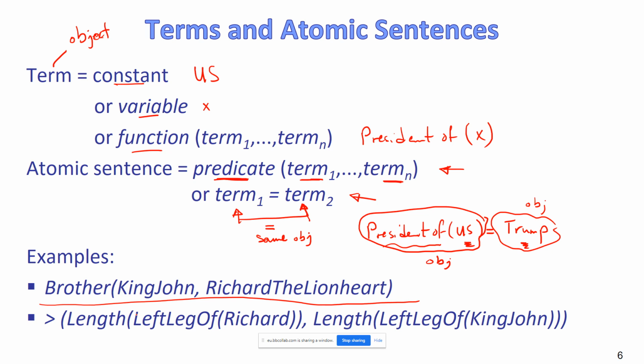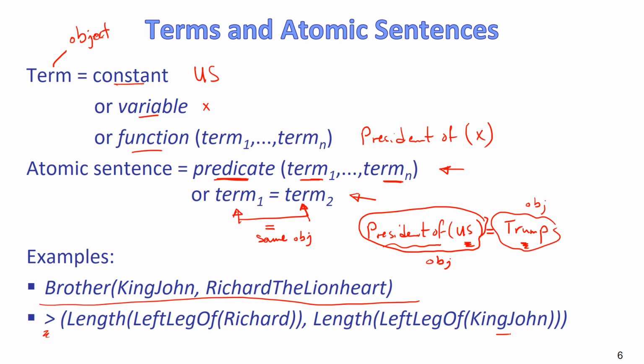Another example of a sentence is a predicate like the one at the bottom here: Greater than (length of left leg of Richard, length of left leg of King John). So that's a sentence. What is the interpretation of that sentence? The interpretation is that the length of the left leg of Richard is greater than the length of the left leg of King John.